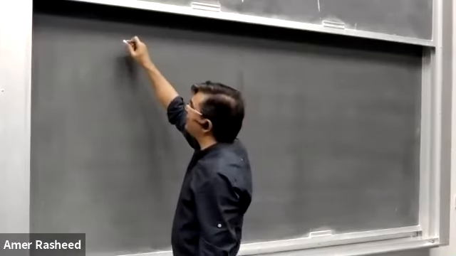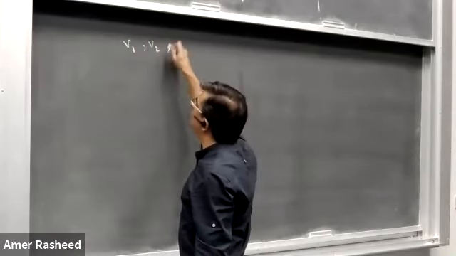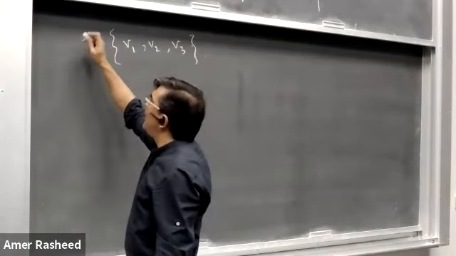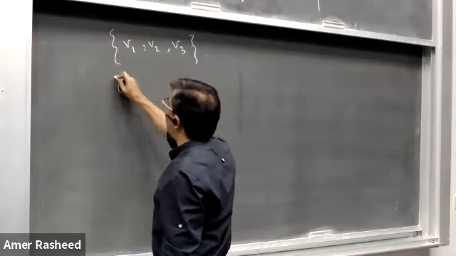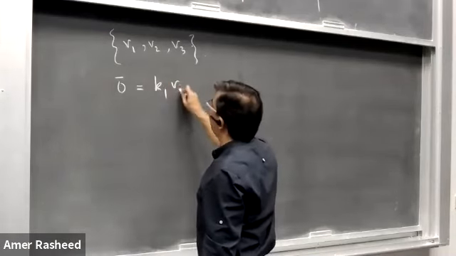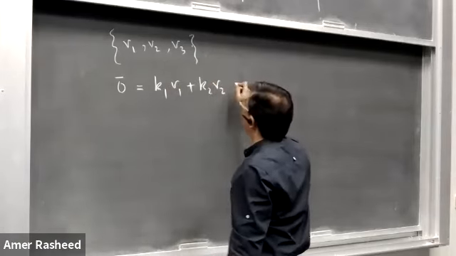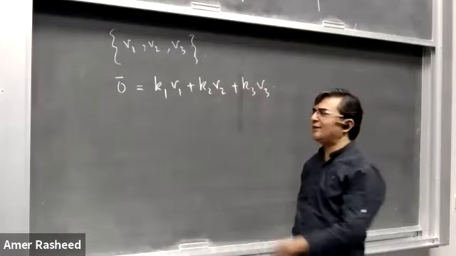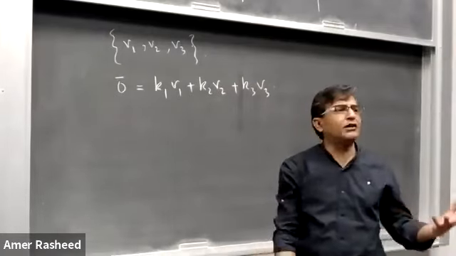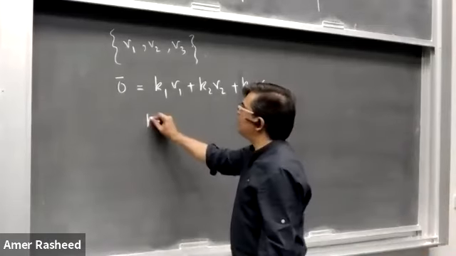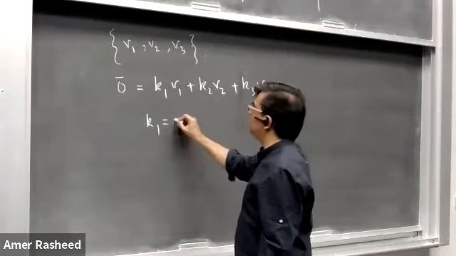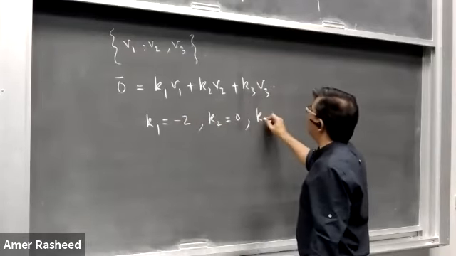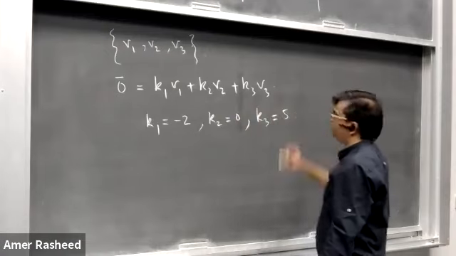If we have three vectors v1, v2, v3, and we write 0 equals k1 v1 plus k2 v2 plus k3 v3, and this homogeneous linear system has a non-trivial solution, it means you can say k1 is maybe -2, k2 is 0, and k3 is maybe 5.